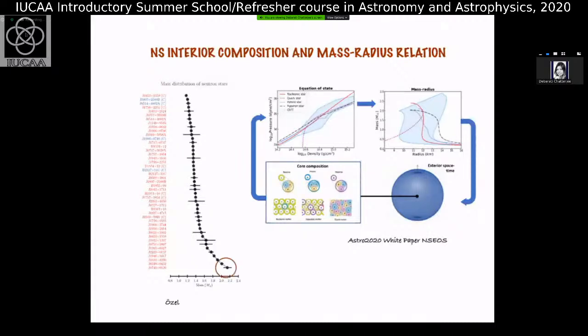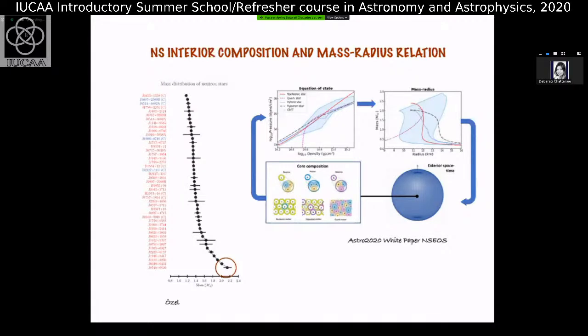These very high mass neutron stars are particularly interesting for constraining the interior composition. And this is because, like I already told you, the core composition determines the equation of state. Equation of state is basically the relation between the pressure and the density of the neutron star. And depending on the core composition, the equation of state will be different.